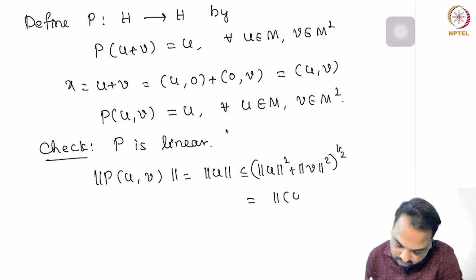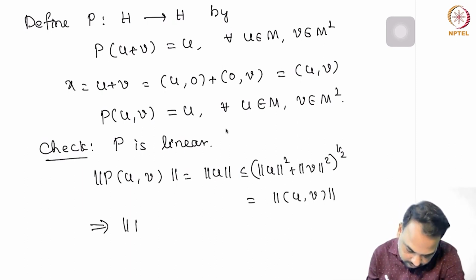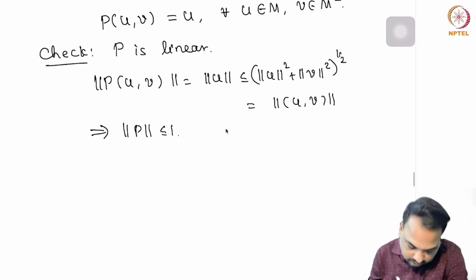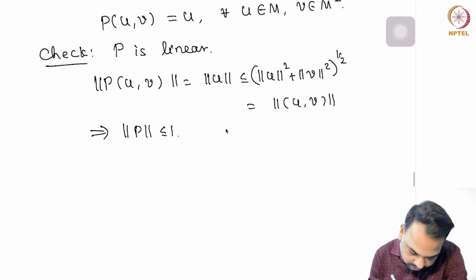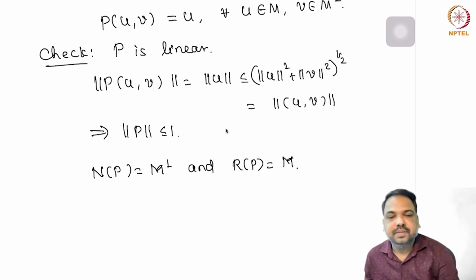This is norm of (u, v). So we can conclude that norm P is less than or equal to 1, and here we can easily show that the null space of P is exactly M perp and the range of P is exactly M.